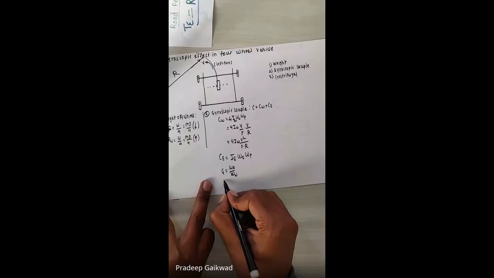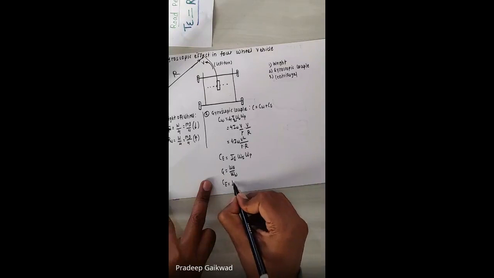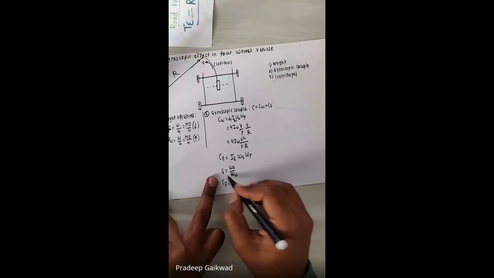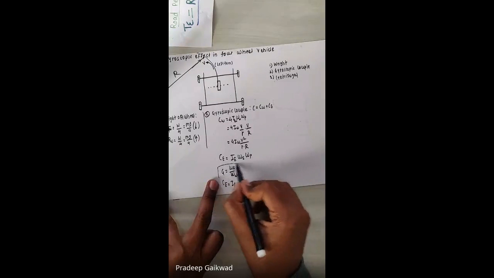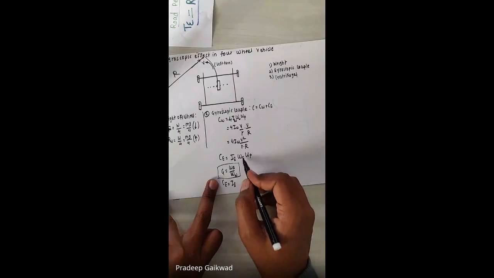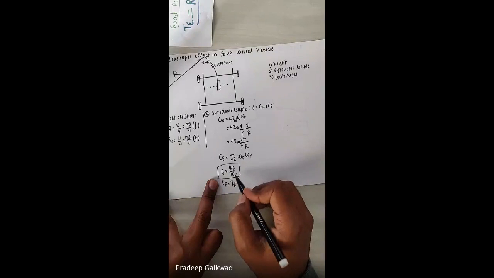Therefore, I can write the formula CE is equal to IE. Instead of omega E, let's write it in terms of the angular velocity of the wheel, in order to get simplification, since I know this relation.